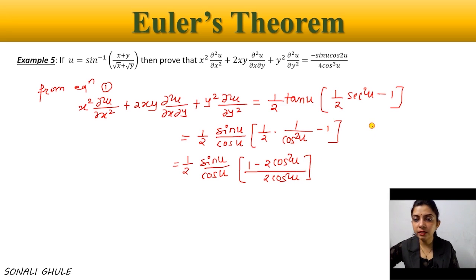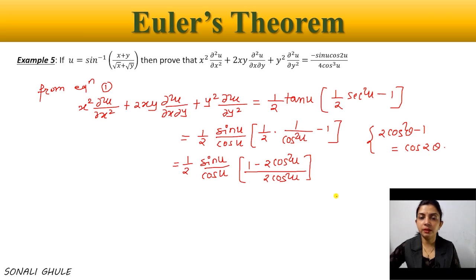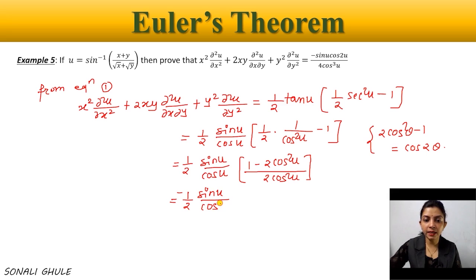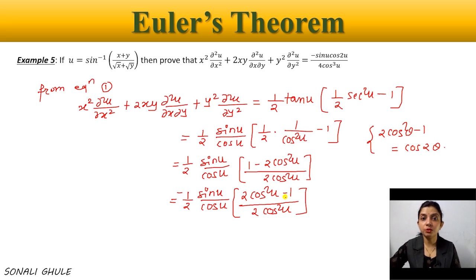But we all know the result. 2 cos square theta minus 1 is equal to cos 2 theta. And if I want to use this result here, I have to take a minus sign common. So what I can write here in bracket, if I take a minus sign common, yes, it will be now 2 cos square u minus 1 upon 2 cos square u. Okay. So here 2 cos square u minus 1, what it will be? Cos 2u.